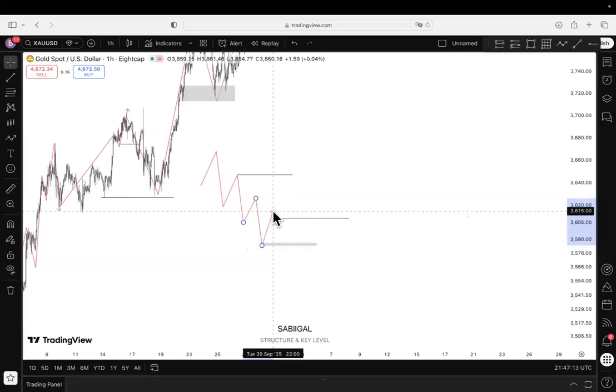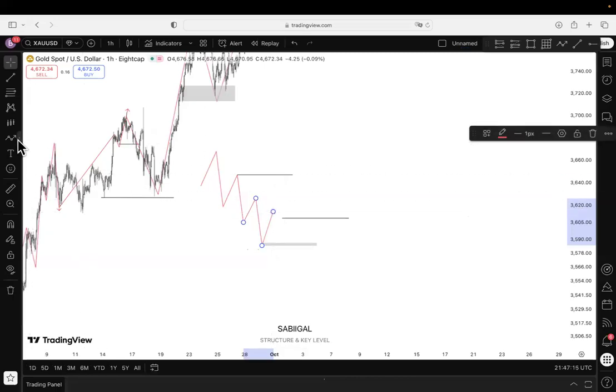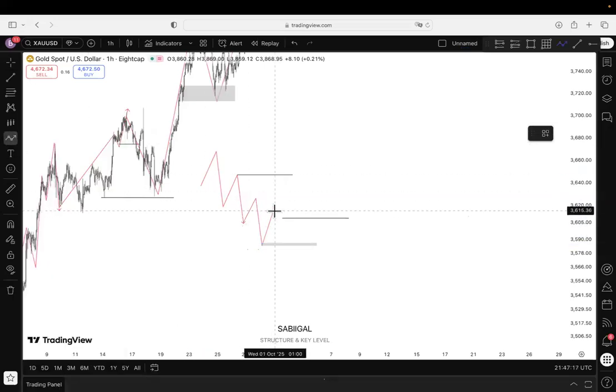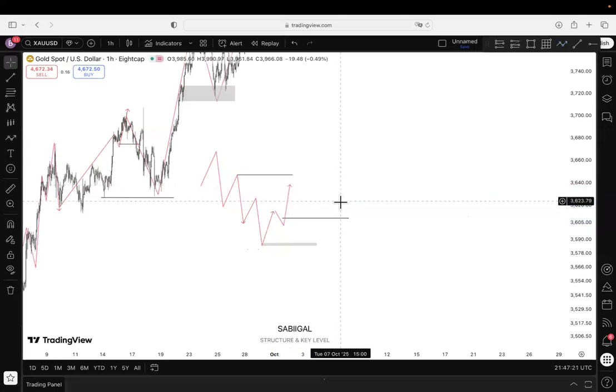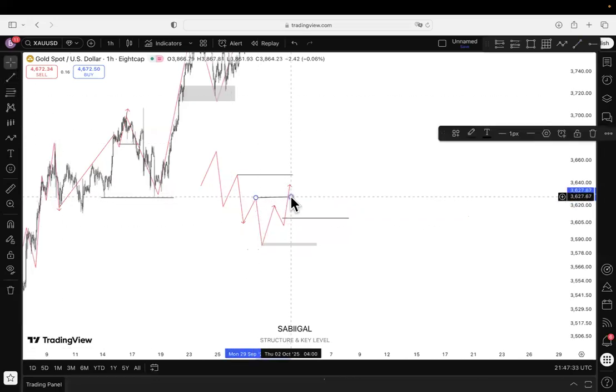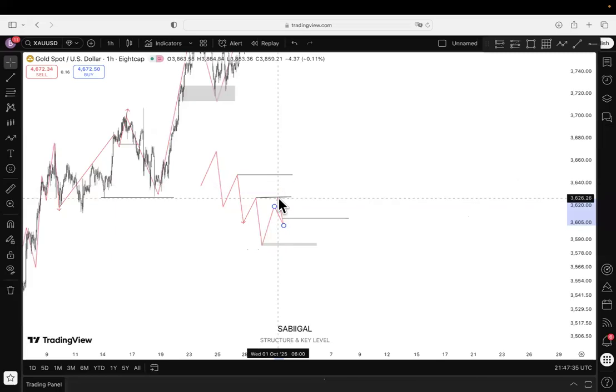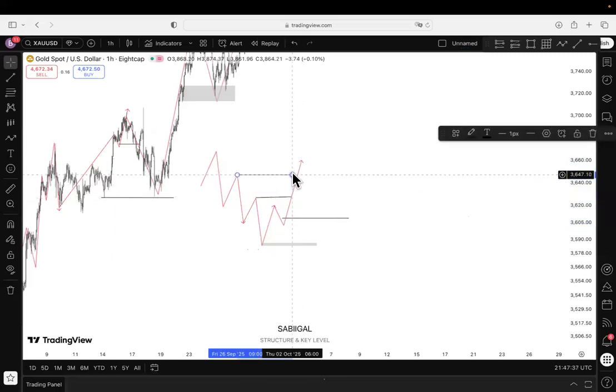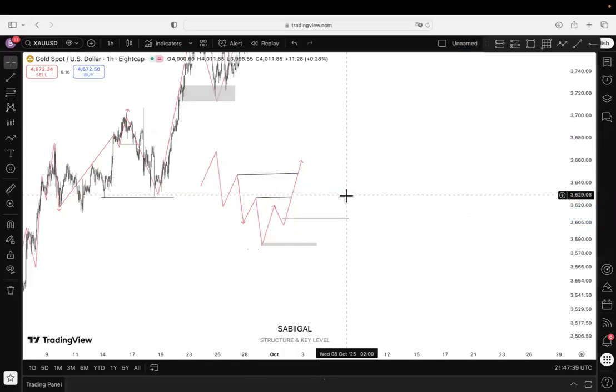Let's say it forms an obvious structure within that line before it breaks, something obvious, not just anything. What would that be regarded as? If it forms something like this before breaking, a change of character, I mean before breaking this first one.